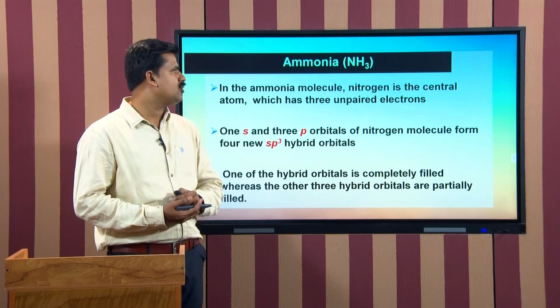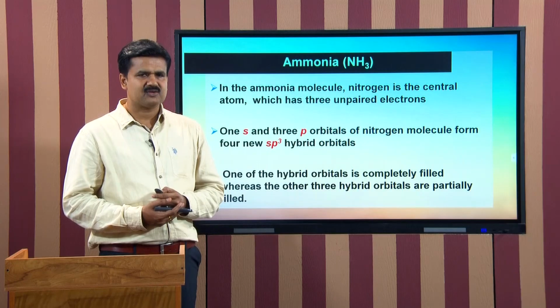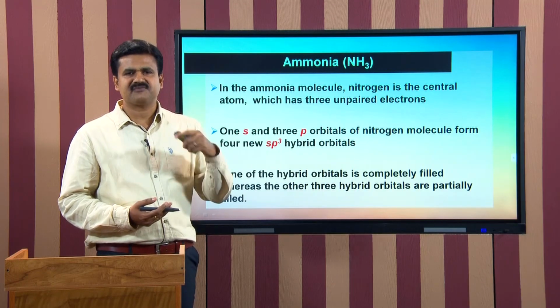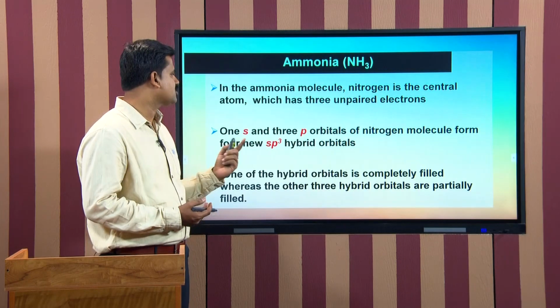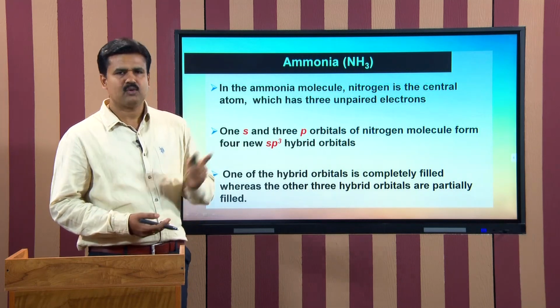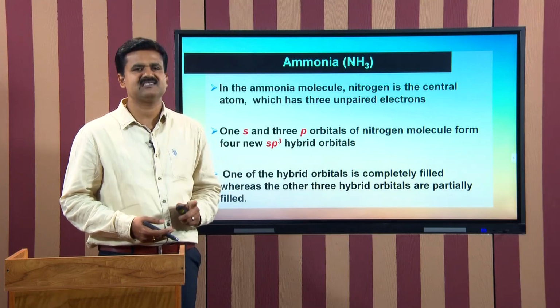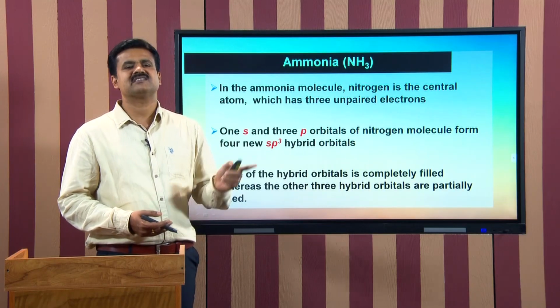Another example is the ammonia molecule. In ammonia, the central atom nitrogen has 3 unpaired electrons. The 2s and 3 2p orbitals of nitrogen combine to form 4 new sp3 hybrid orbitals. One hybrid orbital is completely filled with the lone pair, whereas the other 3 hybrid orbitals are half filled.